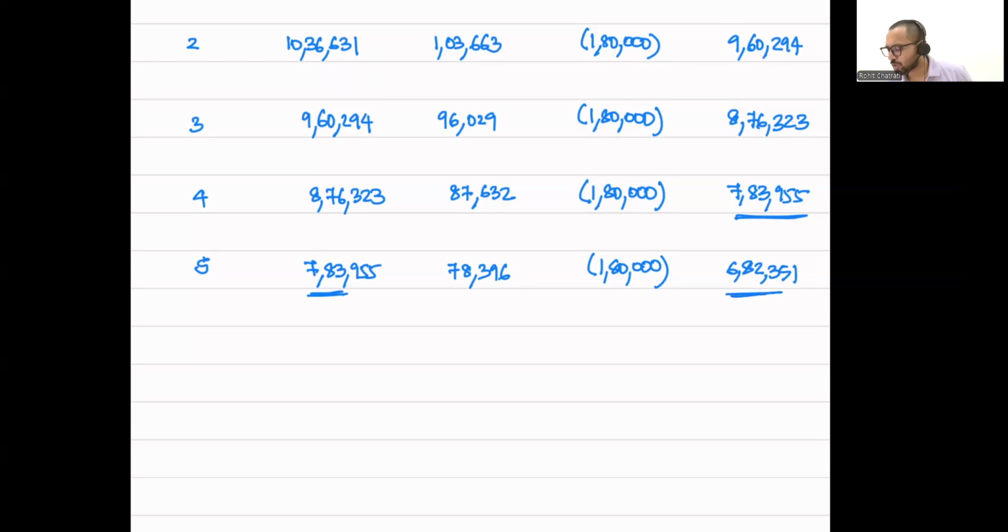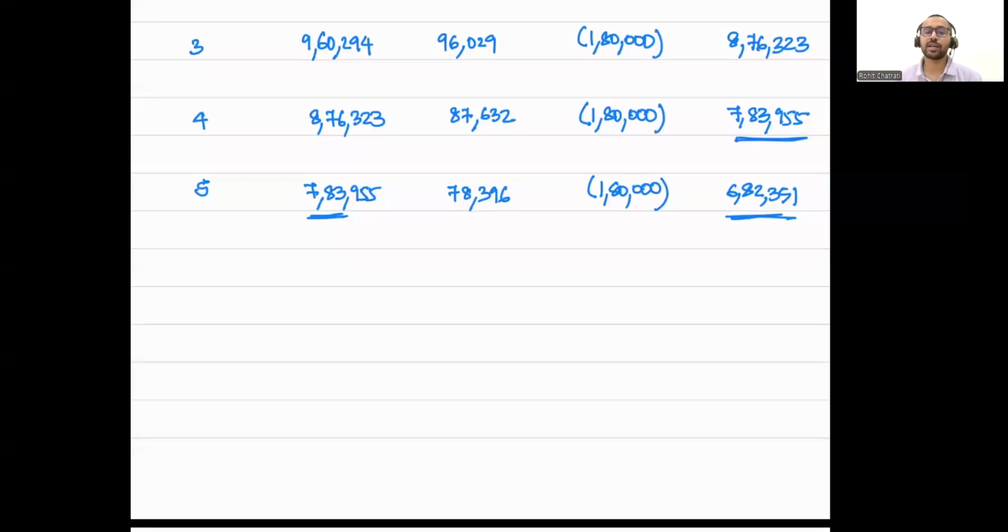All right, this is my closing lease liability as at the end of year 5. The closing lease liability at the end of year 5 is going to be the beginning lease liability of year 6, which is 682,351. At the beginning of year 6 is when I actually undergo a modification to the contract.